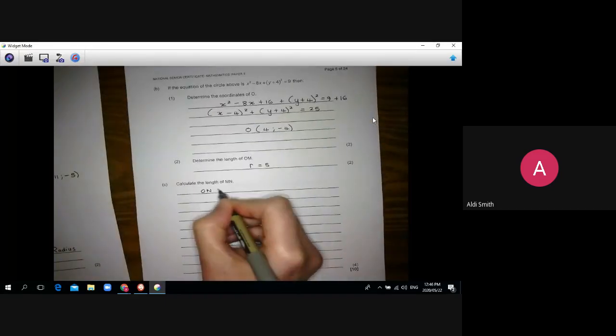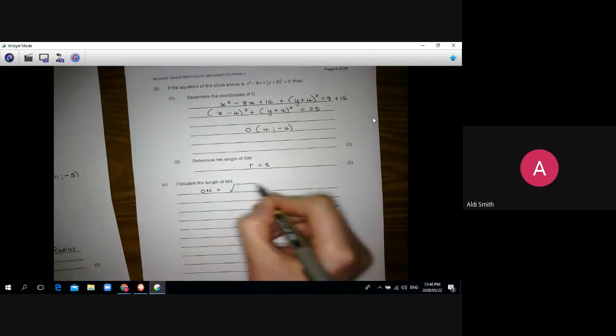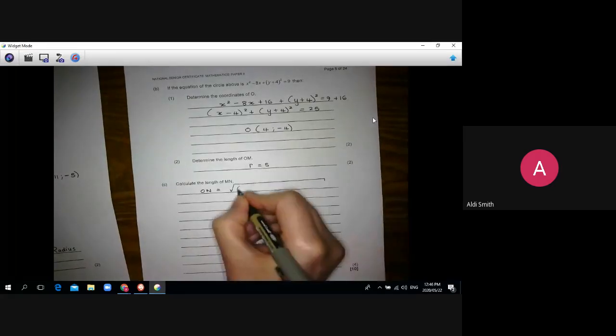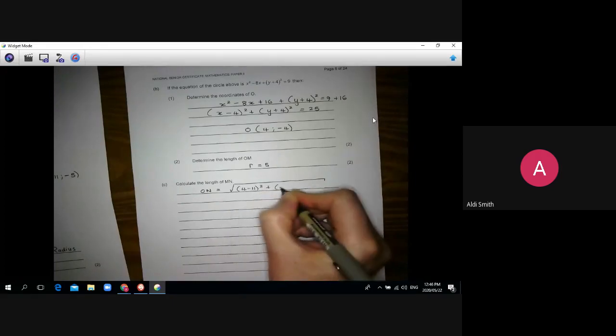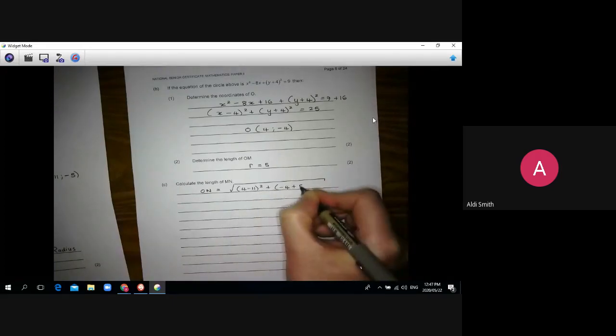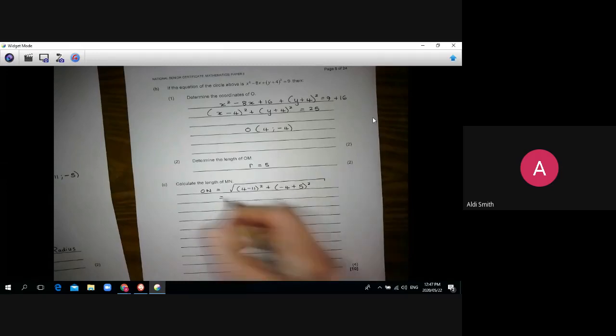So first we'll calculate ON, which is the square root of (4 minus 11) squared plus (minus 4 minus minus 5, so plus 5) squared, and that's going to be equal to 5 square root 2.